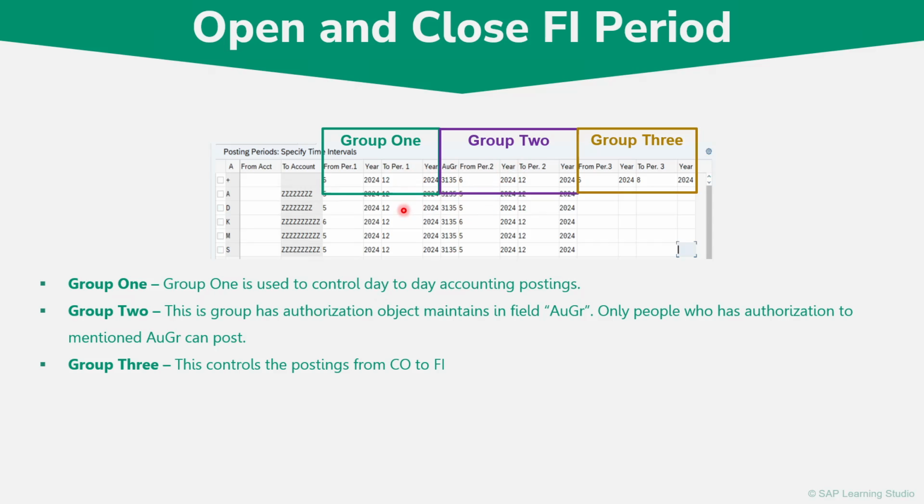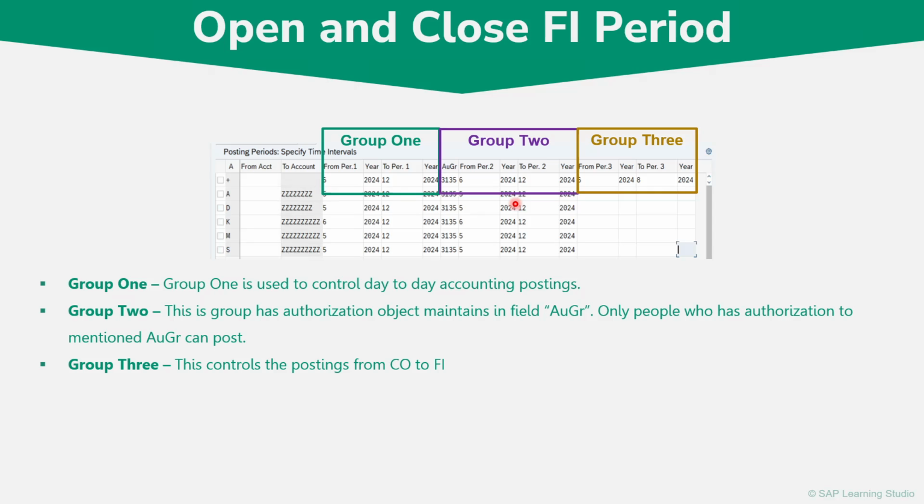So we can keep a different period open for each group, but group 2 is only used by the few people who have authorization to mention the authorization group. Particularly, these are assigned to the core team members during the period end. They can post some entries in the prior period.